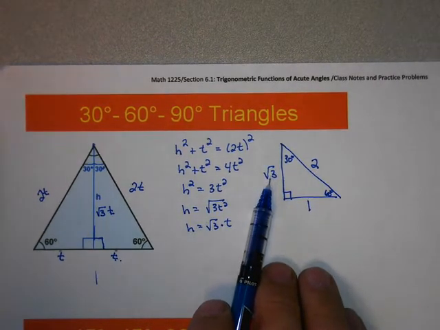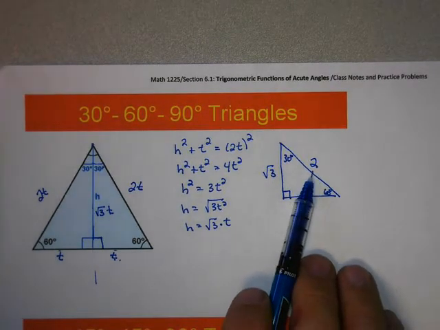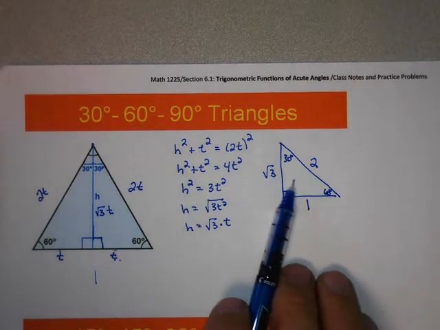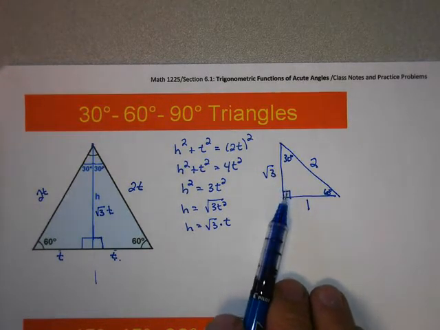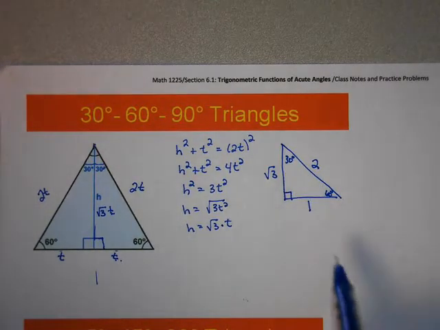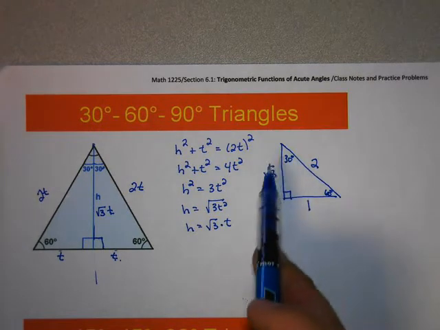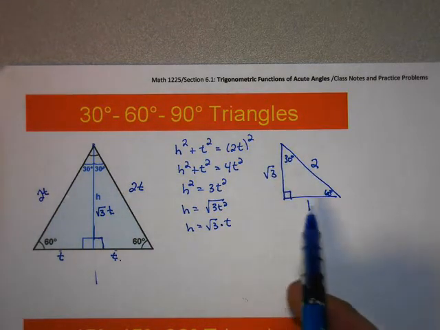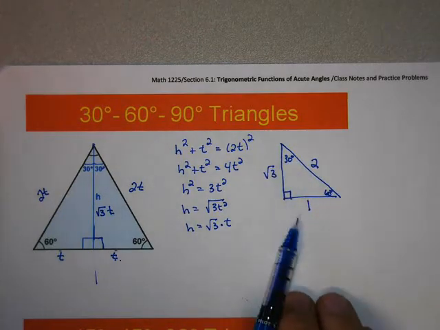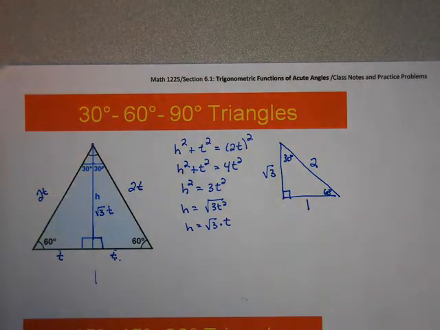Square root of 3 is 1 point something. Opposite 90 has to be the larger side, which is 2. So opposite 30 is 1, opposite 60 is square root of 3, and opposite 90 is 2, the hypotenuse. So now we can use this anytime we have a 30, 60, 90 triangle. The ratio of the sides is going to boil down to a 1, square root of 3, 2 triangle.